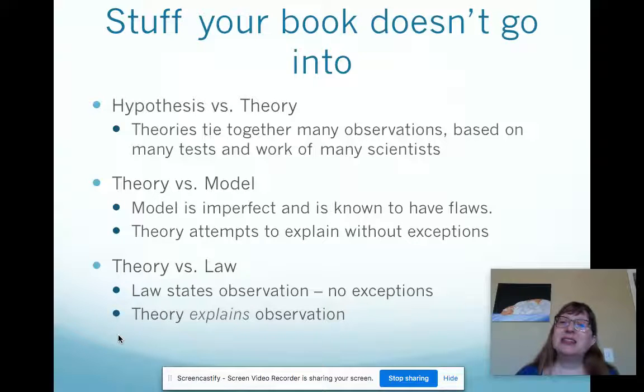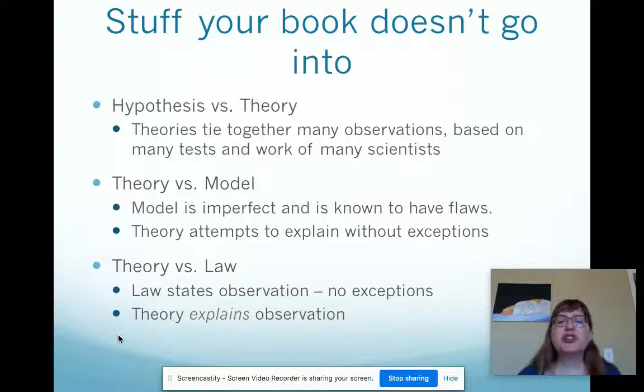With a hypothesis, maybe we've never even done a test. Maybe we've just made an observation that, hey, it's cold outside and I don't see any birds. And so that's what I'm going to make my hypothesis about. I think the connection between these two things is this. So very limited on a hypothesis, with a theory much broader.